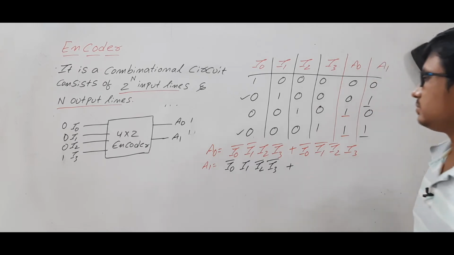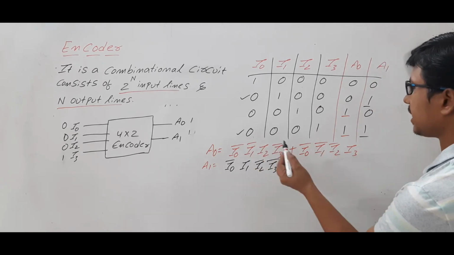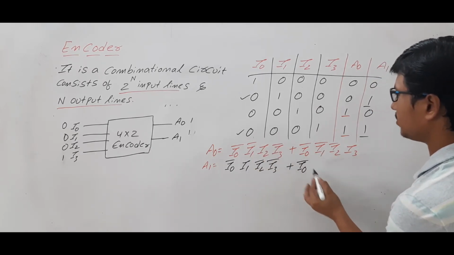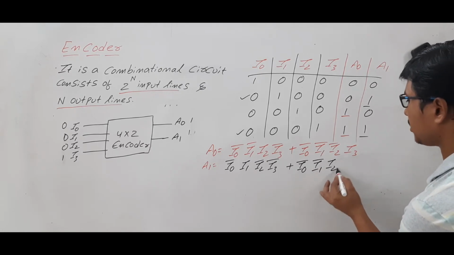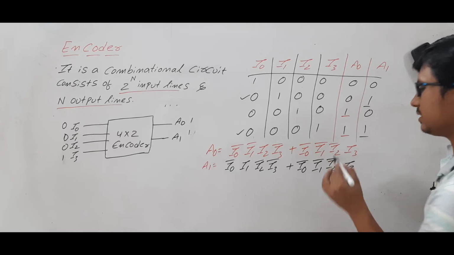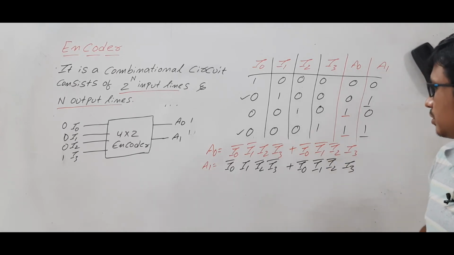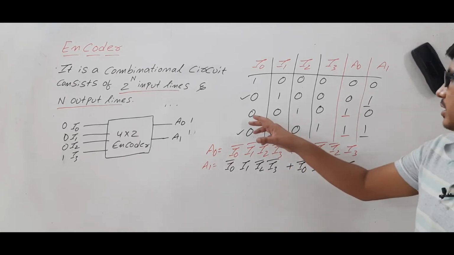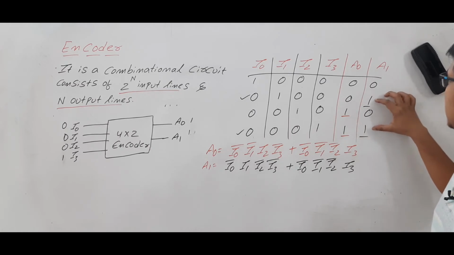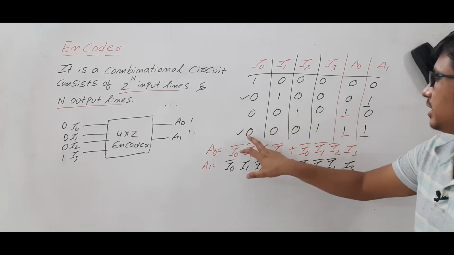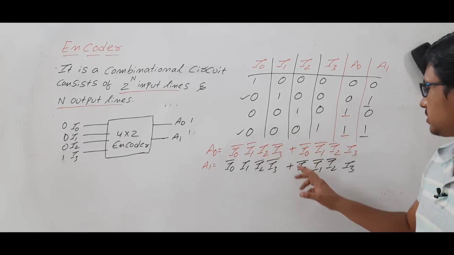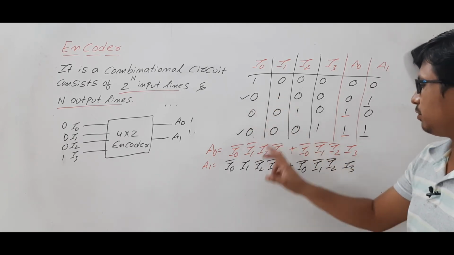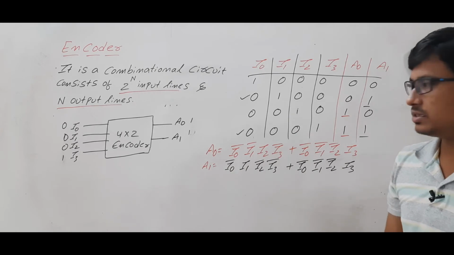Or it can be represented as I0 complement, I1 complement, I2 complement, and then I3. Is it clear? Are you able to understand it or not? Because A1 is 1, 1. This term I have taken, this term I have taken. So I3 will be there and the rest of them are zeros. Here I1 is 1 and the rest of them are zeros.